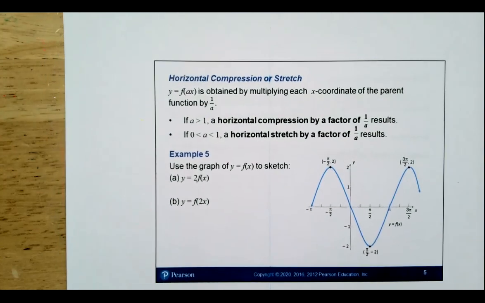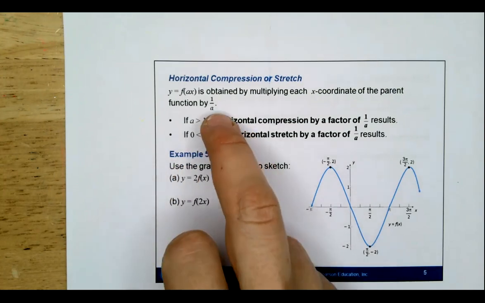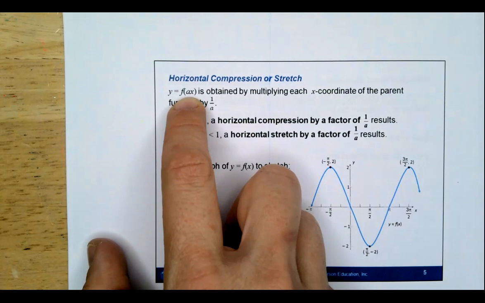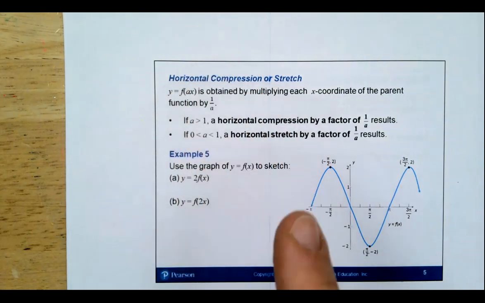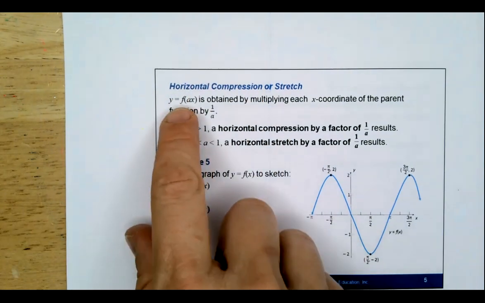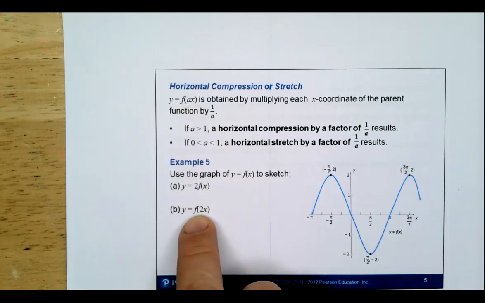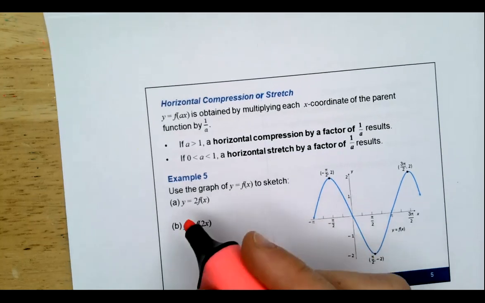Now let's talk about horizontal compression or stretch. Remember, it's going to do the opposite. So instead of multiplying your x value, you're dividing your x value by that number. Okay? So the difference is that this 2 is next to the x, so it's within, this will be horizontal.